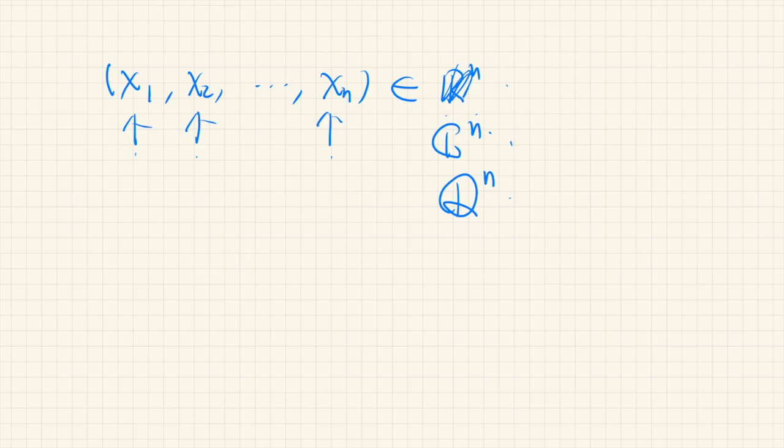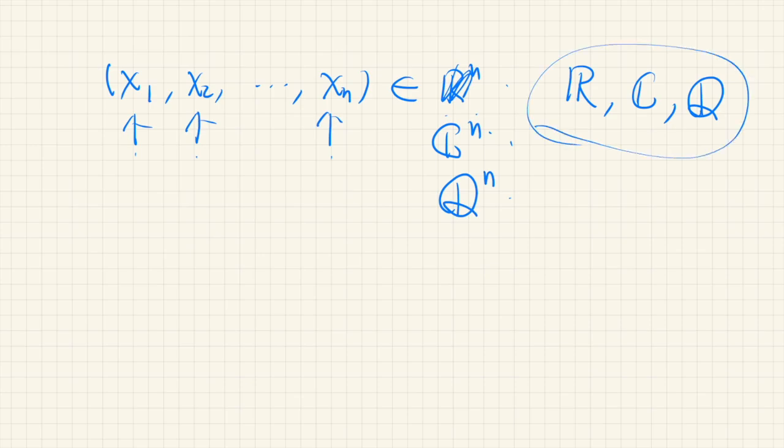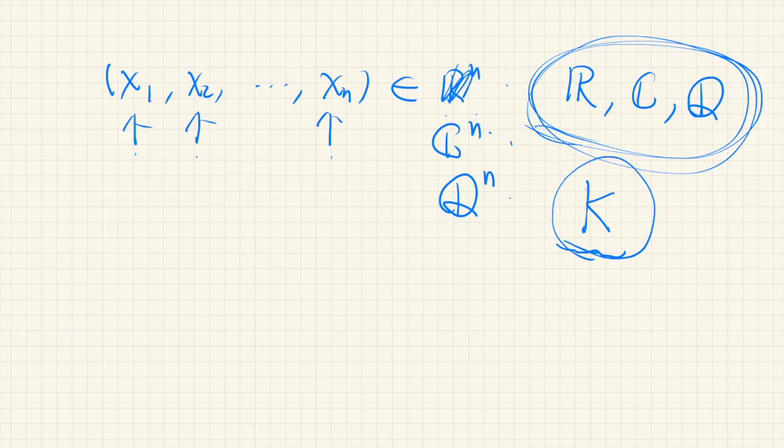So we know that the set of real numbers is a field, set of complex numbers is a field, and set of rational numbers is a field. So we can define a vector based on any of these fields. So just give a general field and write it as a K. So K is a set where addition and multiplications are defined, and those addition and multiplication satisfy some basic properties of the field that are closure for addition and multiplication, and commutativity, associativity for both addition and multiplication, and distributive law.